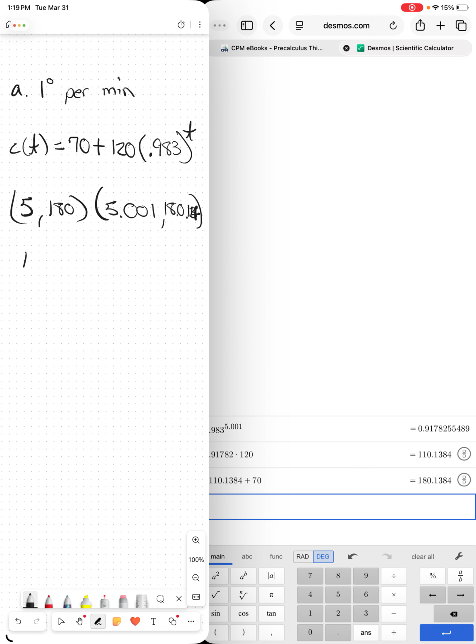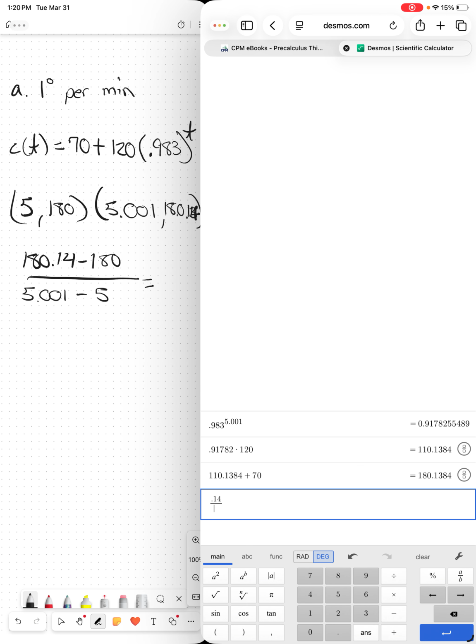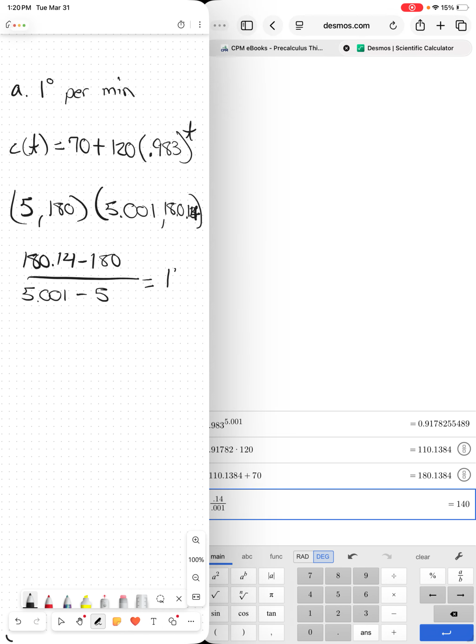Okay, so now we would go 180.14 minus 180 over 5.001 minus 5. Right, obviously we're going to get 0.14 divided by 0.001, and we get 140 there.